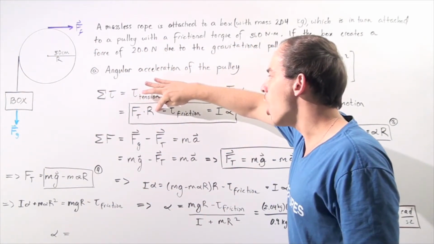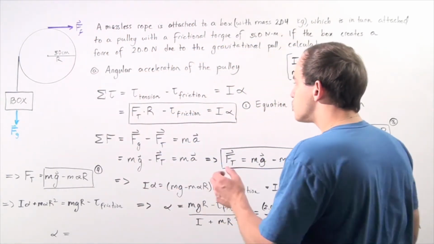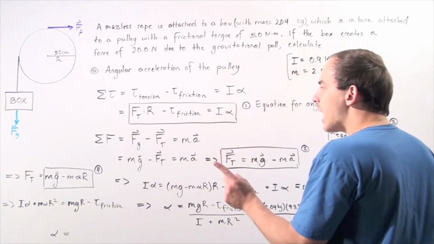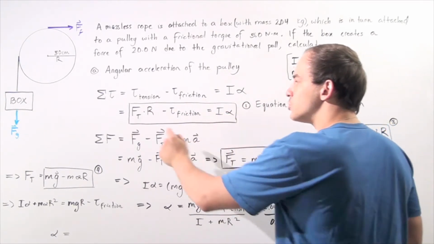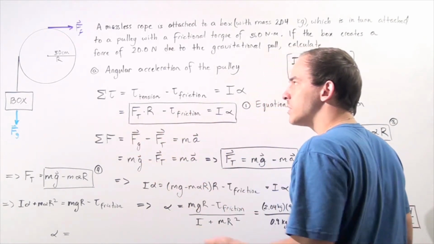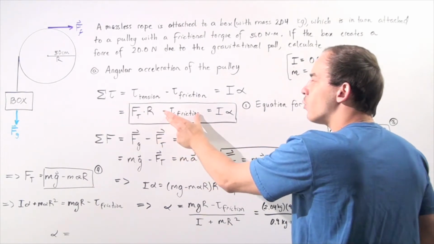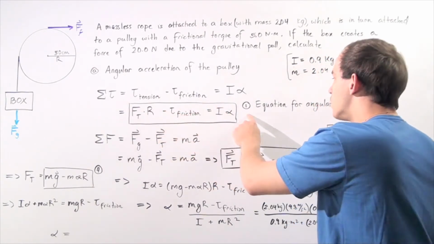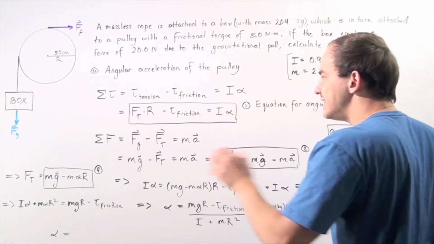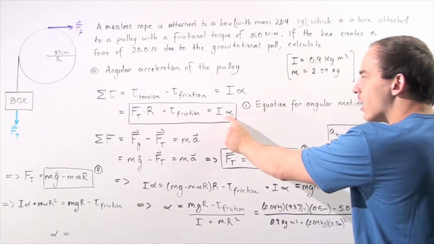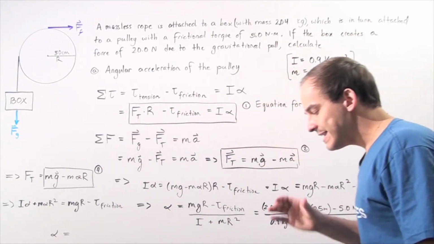And the lever arm R is simply our distance, 50 centimeters. So we find that the product of the moment of inertia and the angular acceleration is equal to force tension multiplied by the lever arm, the radius of the pulley, minus our frictional torque. This is the equation for angular motion that we will use in the end to calculate our angular acceleration.